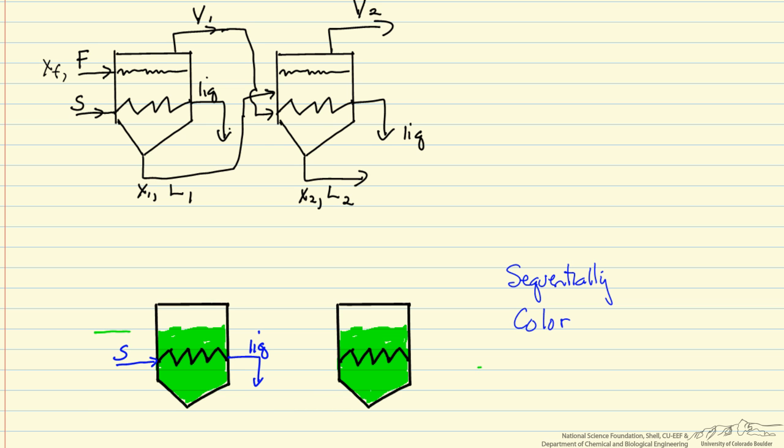Coming into the evaporator is our feed, and this has some composition. We're going to evaporate some of the liquid to make a vapor, and then the concentrated solution leaves at the other end, and by using color we can demonstrate the differences in the process.